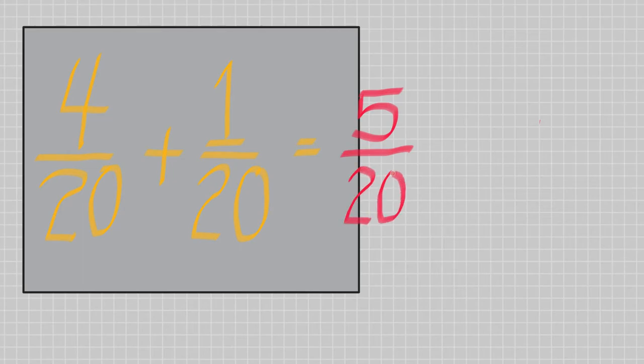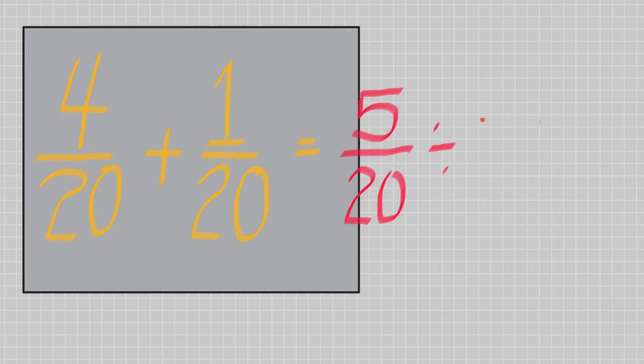Now take note. Let's try to think carefully. Is the fraction here simplified? Very good, it's not yet simplified. Is the fraction here proper? Yes, the answer is proper. So since this is not simplified and this is proper, we need to find a number that can possibly divide 5 and 20. And what number is that?